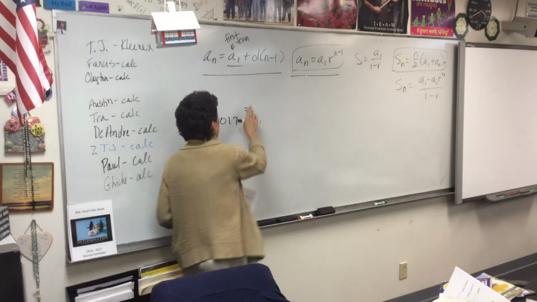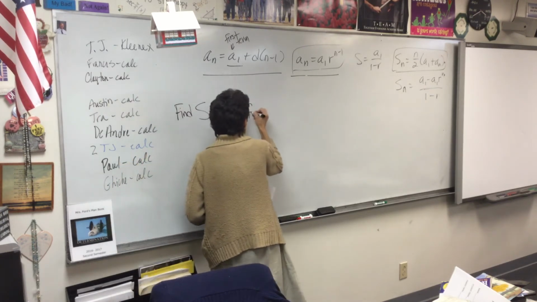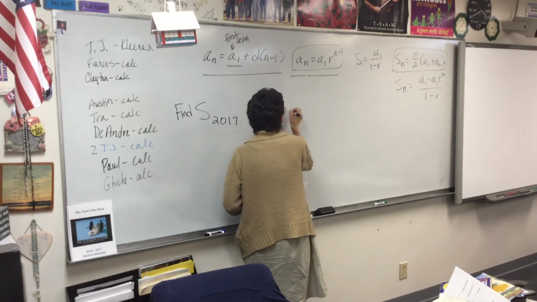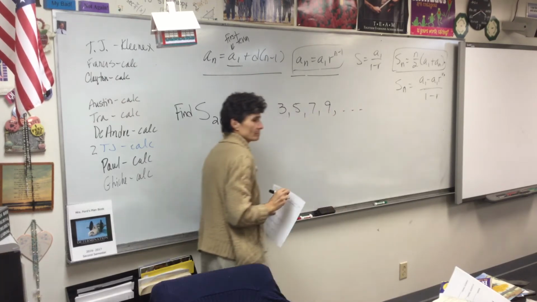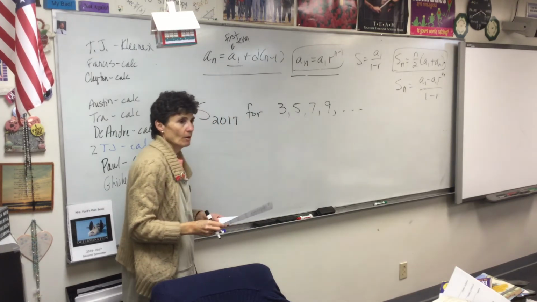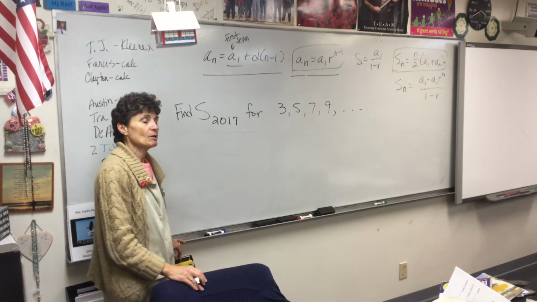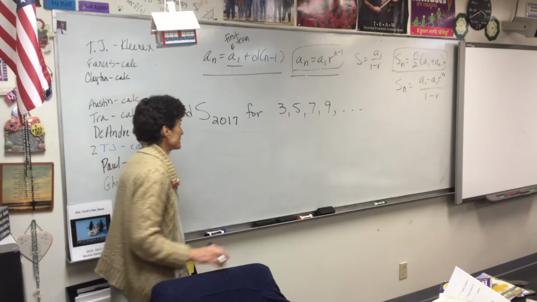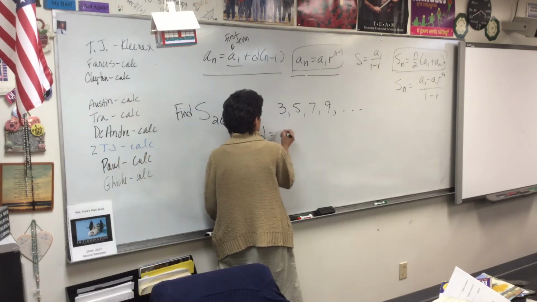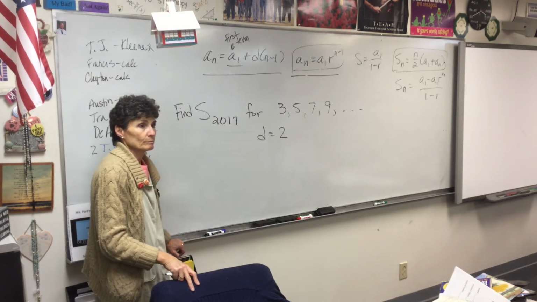So the directions will say find this for the sequence 3, 5, 7, 9, and so on. Okay? So, what kind of a sequence is that? It's arithmetic. We're getting from term to term by adding 2.